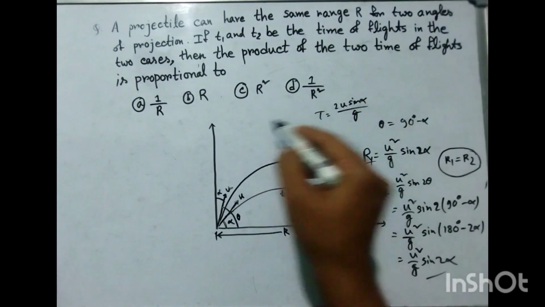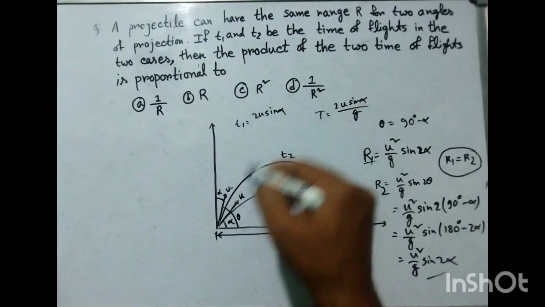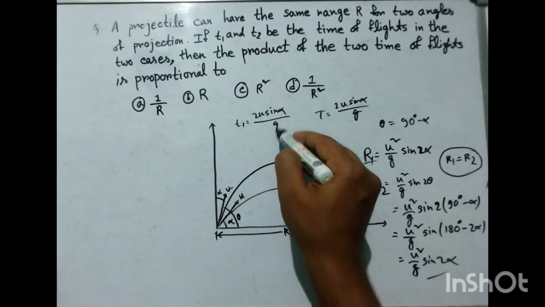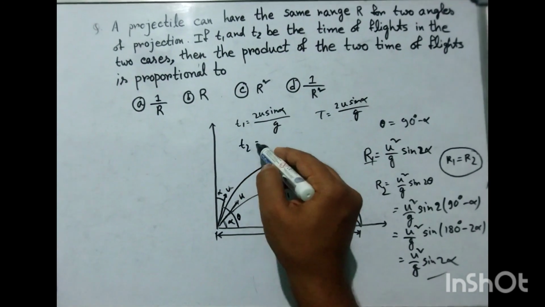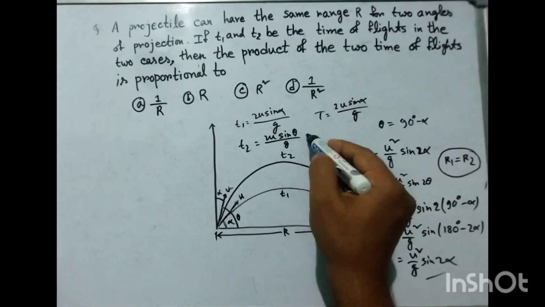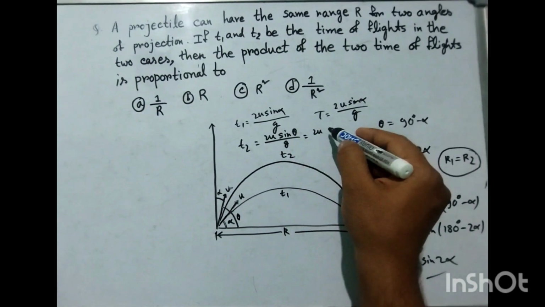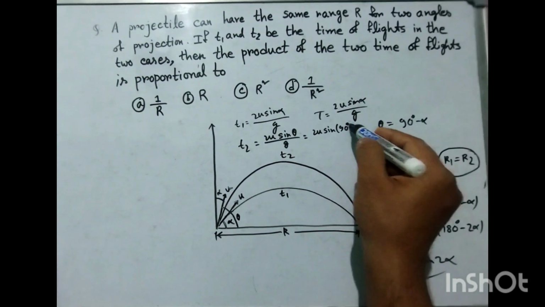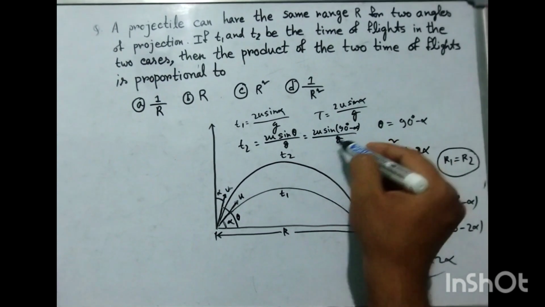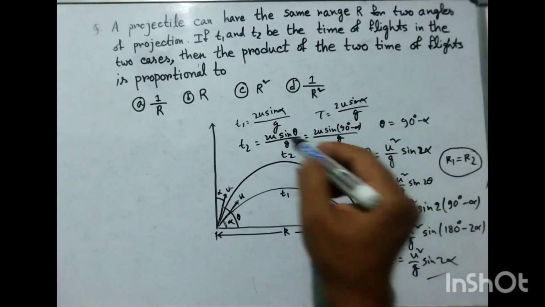So T1 will be 2u sine alpha by g, because this is alpha angle, and T2 will be 2u sine theta by g. Sine theta is sine of 90 degree minus alpha, so that is 2u cos alpha by g.